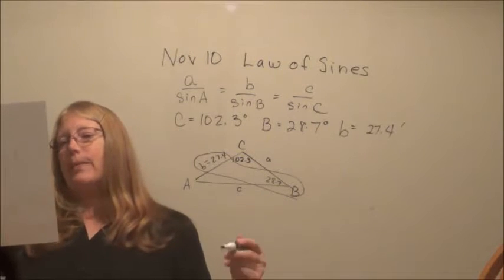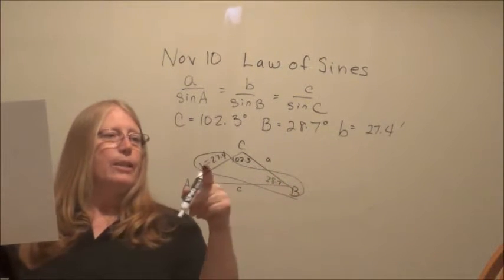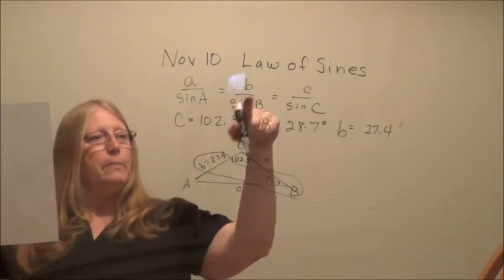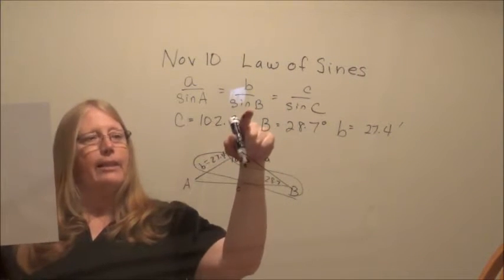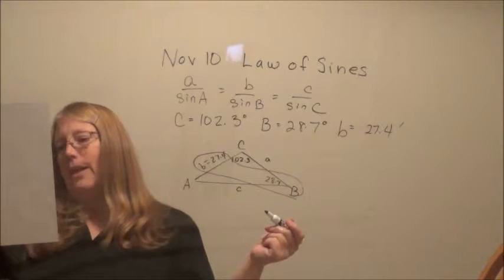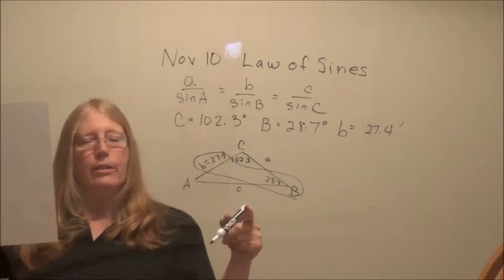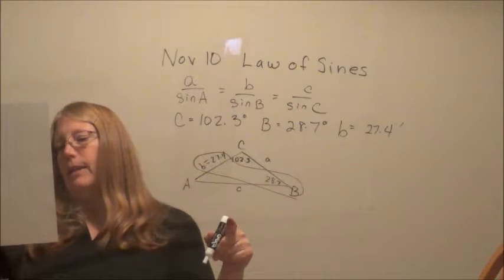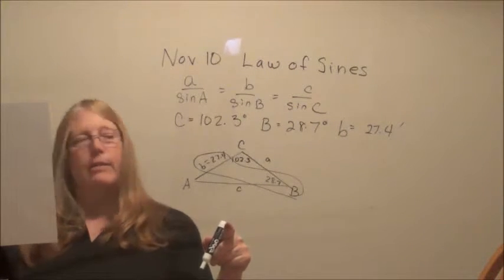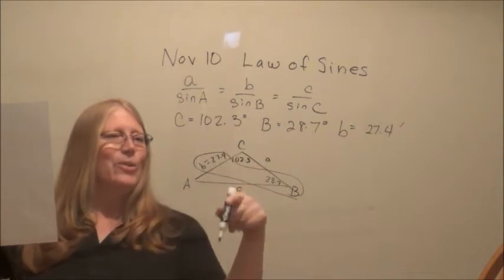So here we go. I'm going to set up this proportion using sine little b over sine b. And then I can use either A or C. I used this one, of course.